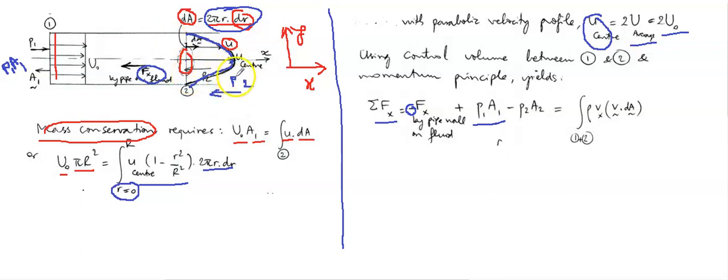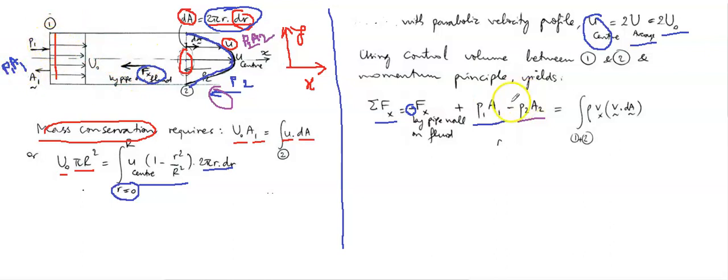So in this section, if I use some other color, it will be P2 A2, and it is going in the opposite direction, so it should be negative P2 A2. So that's the total force we have. The Fx is the negative force, going in the opposite direction.